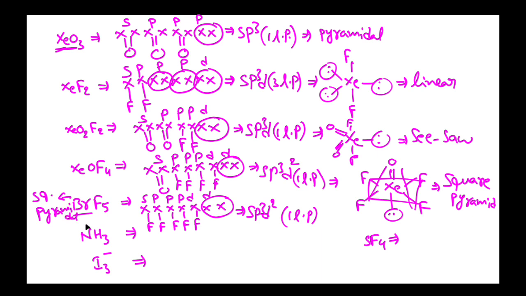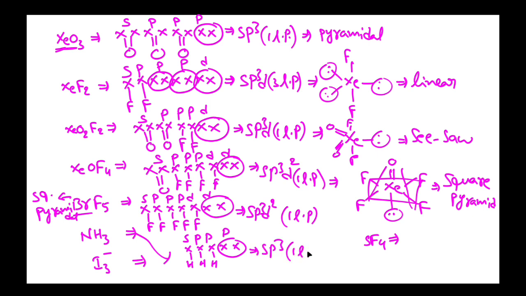Then NH3. Nitrogen has 5 valence electrons. It is bonded with 3 hydrogen atoms and 1 lone pair. So this belongs to sp3 hybridization with 1 lone pair.